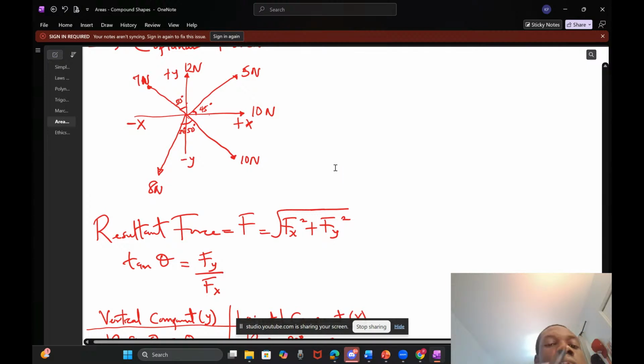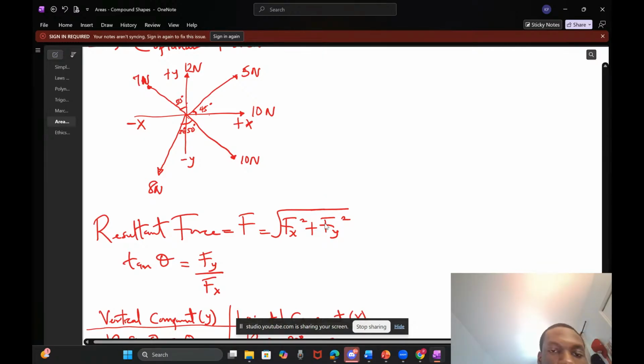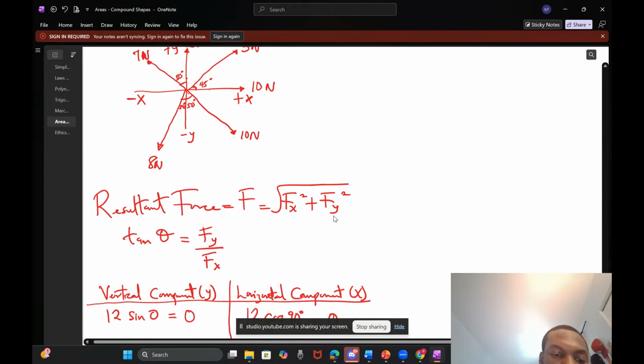So now whenever you want to get the angle for each of these forces, it is always the angle that it makes with the x-axis. So now we can see that 45 degrees is the angle connecting this line and the x-axis. So in this case, for vertical component, that will be 5 sine 45.